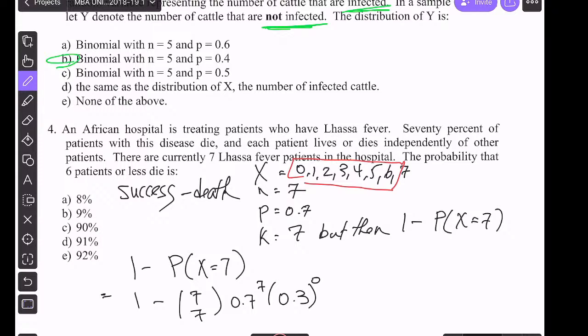So that's what I want to punch in, and I'll put it in square brackets there. So we're basically figuring out the probability that not everyone dies, that at least one survives.